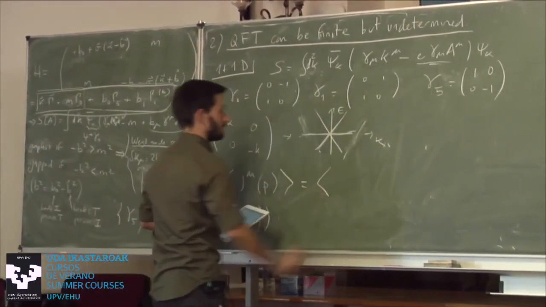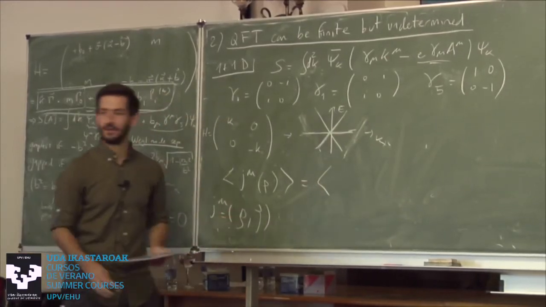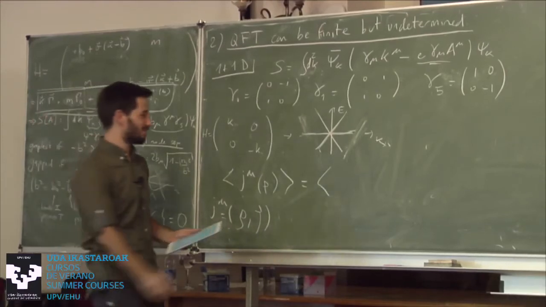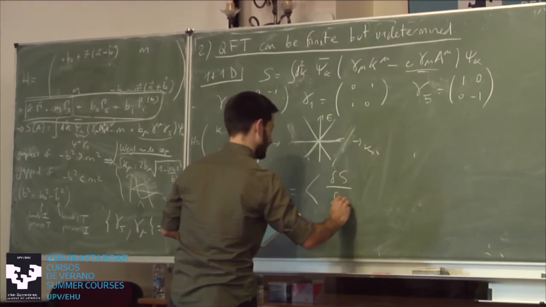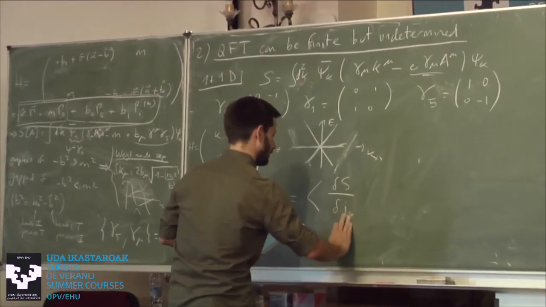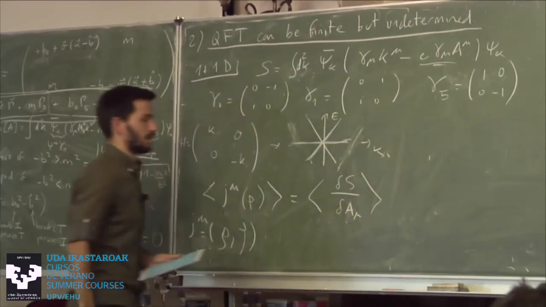What you might remember from your field theory, you all said that you were exposed, but if not, I'll remind you, is that the current operator can be defined as the functional derivative of the action with respect to A mu.